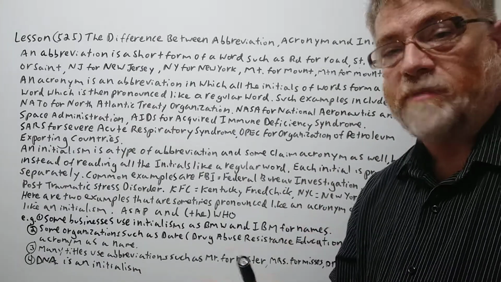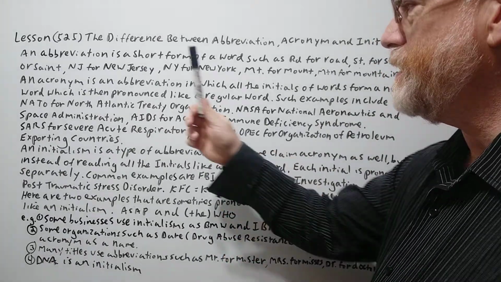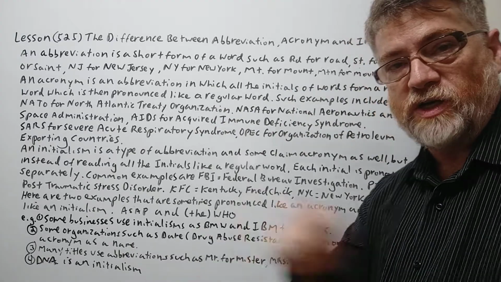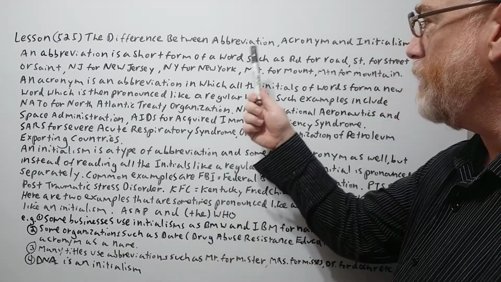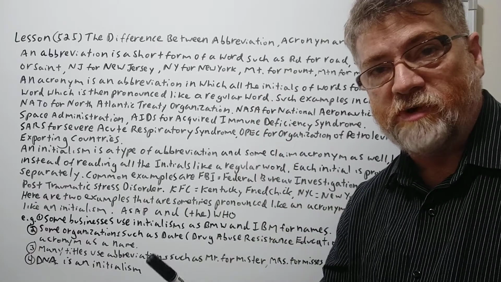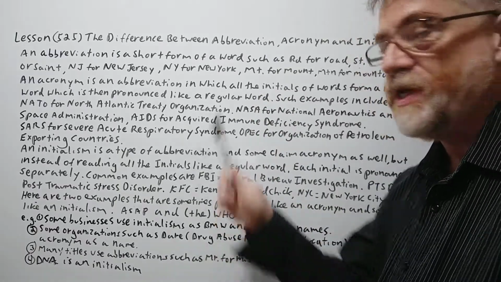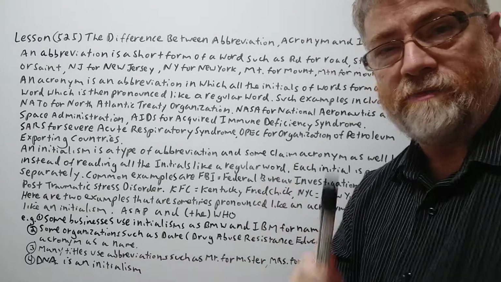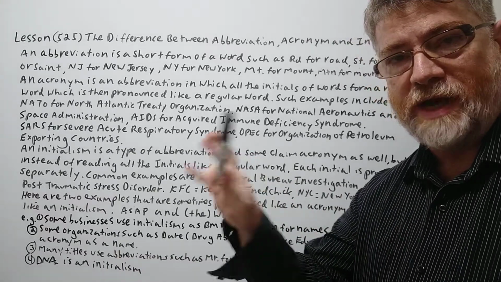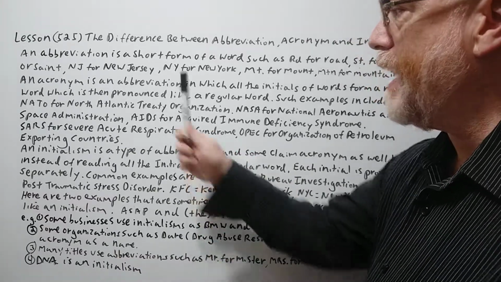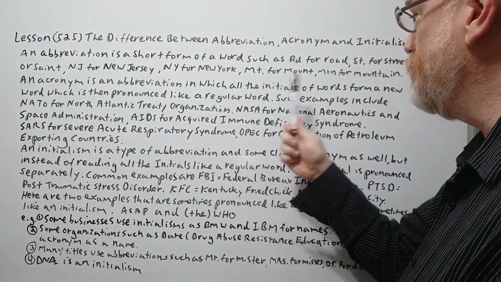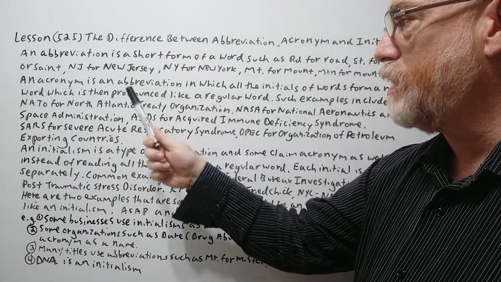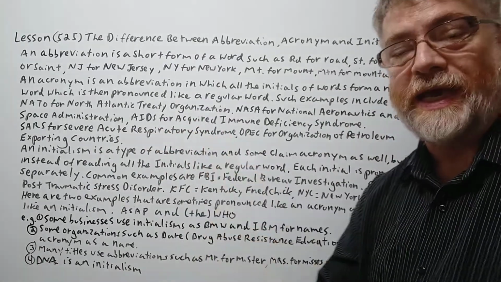Now, an acronym. Here's where it gets tricky, because basically acronyms and initialisms are also types of abbreviations. So they're all abbreviations. But the ones I gave you up here are just abbreviations. They're not acronyms, and they are not initialisms. So what is an acronym? This one is the easiest one to clarify. An acronym is an abbreviation in which all the initials of words form a new word, which is then pronounced like a regular word.